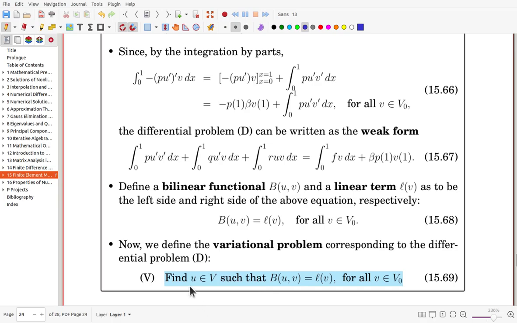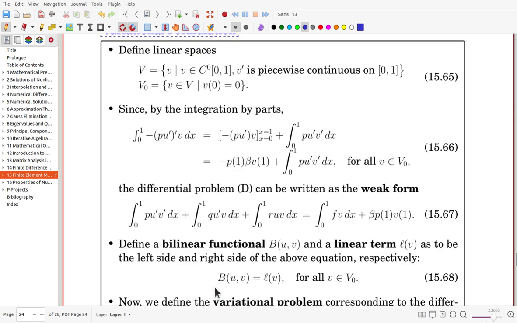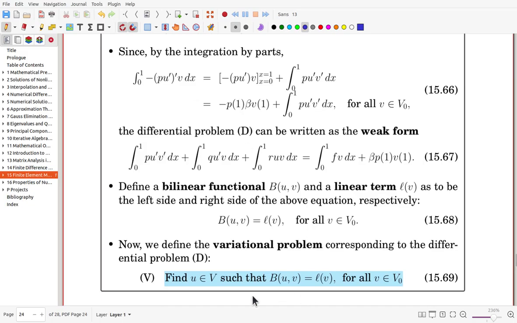Now we try to find u from V. Okay, let's go to the linear space, so that now we have to find the solution inside of V, not V0, such that the test function is chosen from V0, because at the left edge point the value is known, so it doesn't have to be unknown.